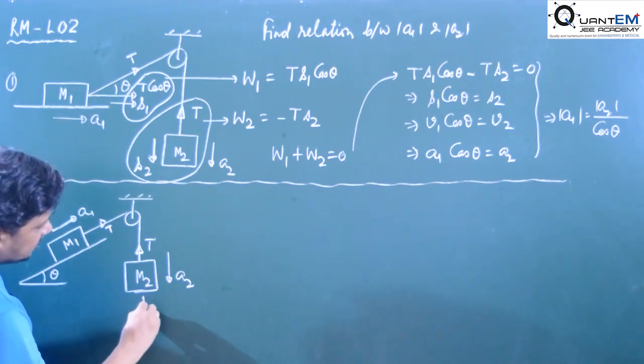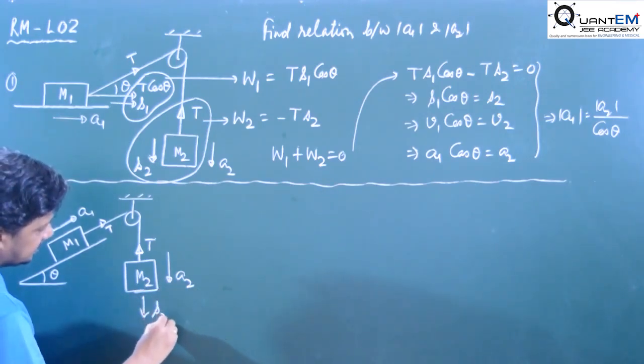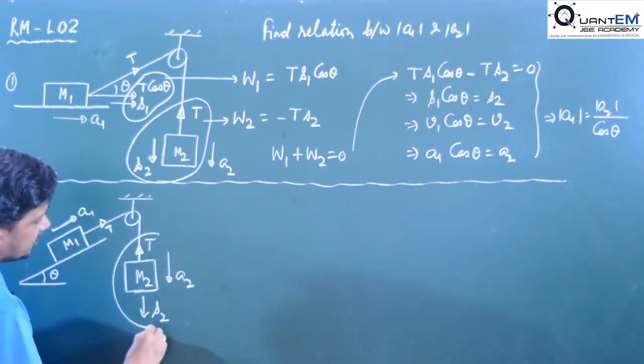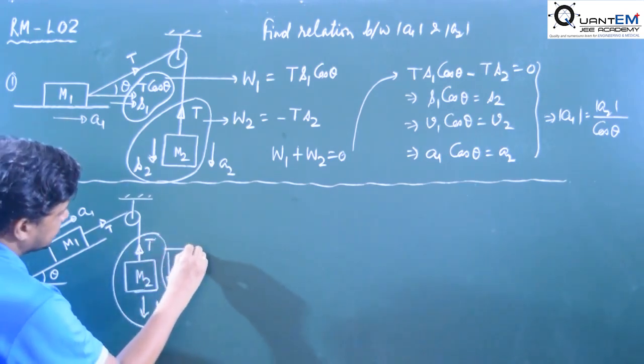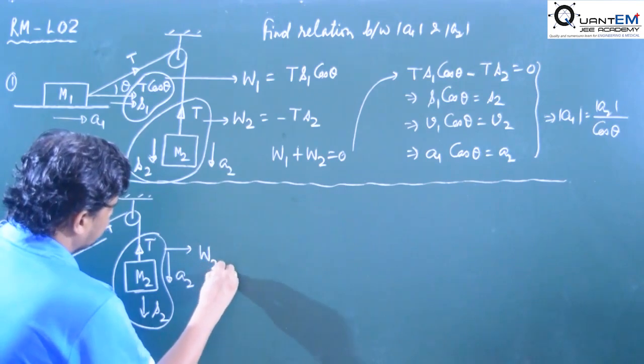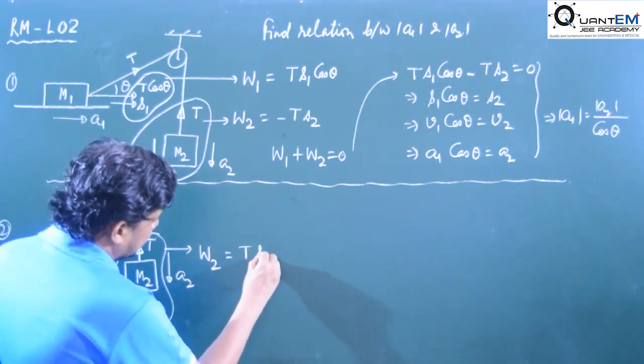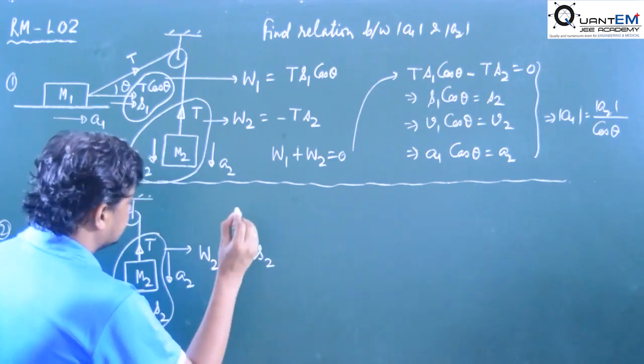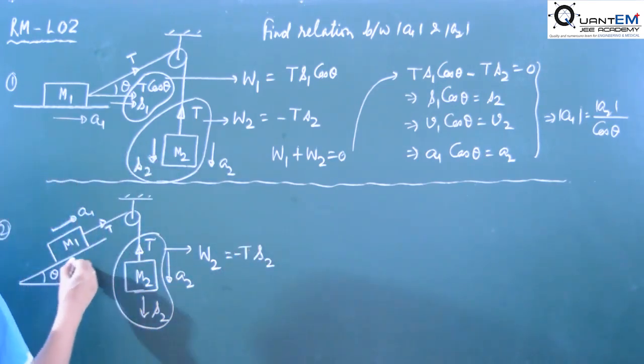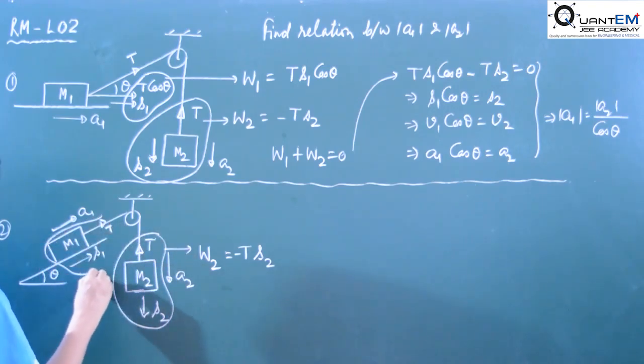Now we come to this question. Suppose displacement is down, so what is the virtual work here? For the second mass, the virtual work done is T s2 cos 180, minus, since tension and displacement are in opposite directions. And this mass has displacement s1, so what is the angle between T and s1 here?